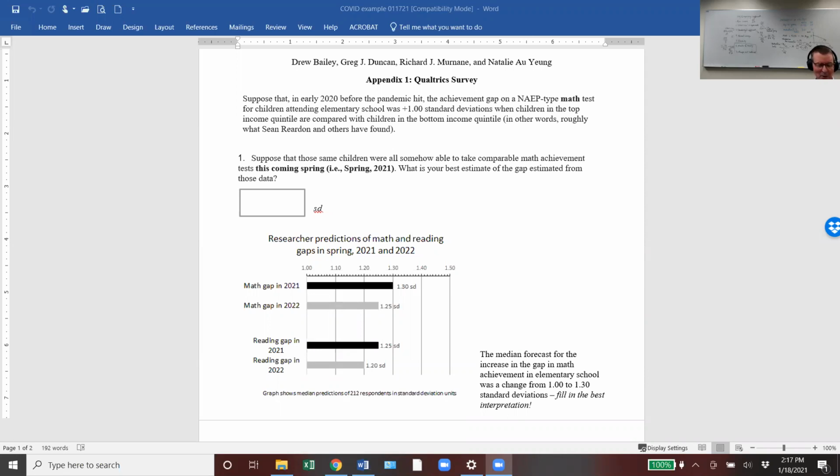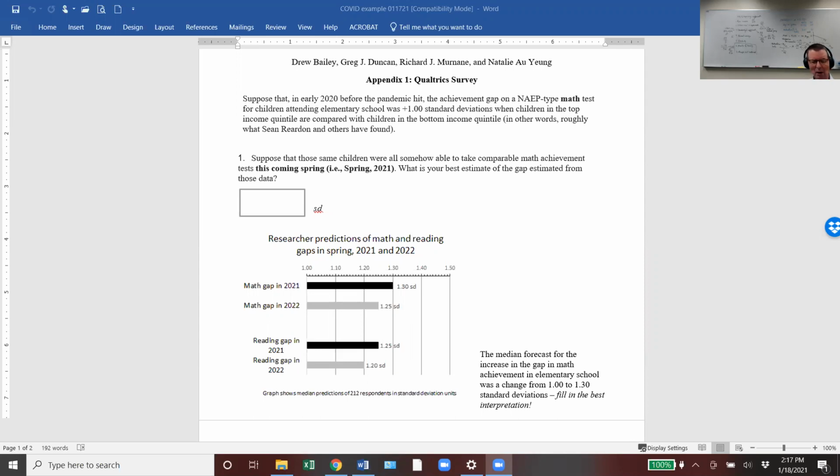So as you probably know, gaps, especially in things like test scores, between high and low income kids are very large. And if you think about the implications of COVID over the last year, they're likely to be pretty significant in terms of their potential for increasing the achievement gap.